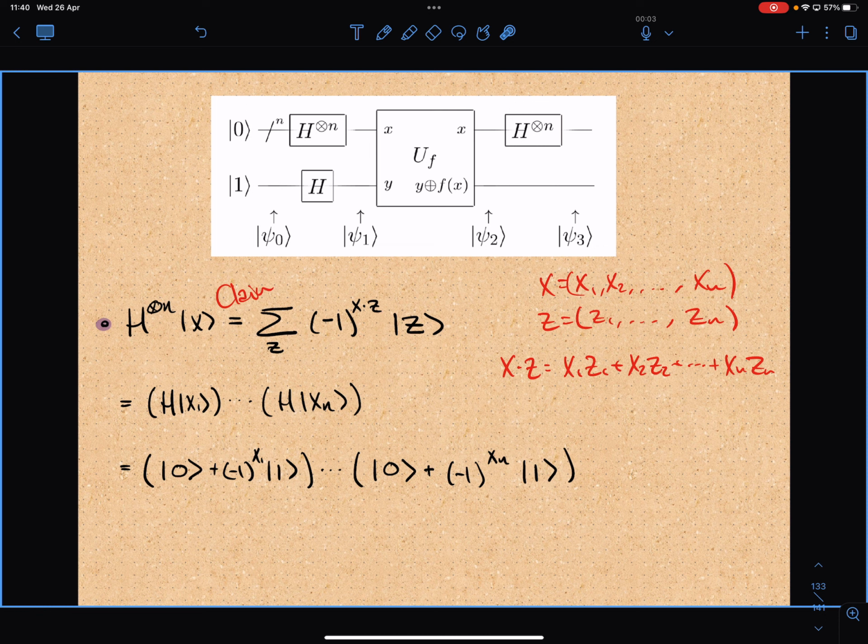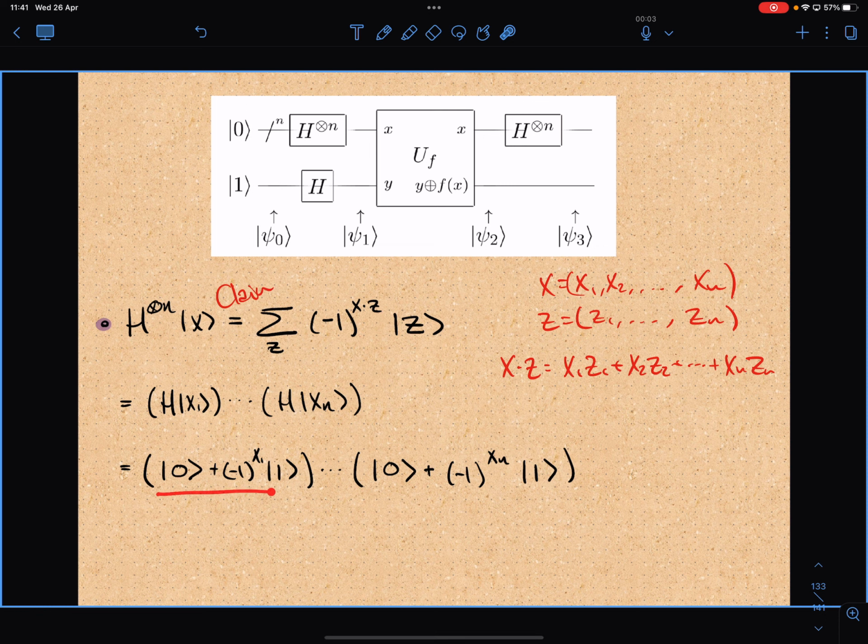So in here, you can actually see how the computation works. The action of the Hadamard gate, you apply component-wise, and depending on whether xi is 0 or 1, it introduces a phase. If x1 is equal to 1, then it's going to be a minus 1, and if x1 is equal to 0, it's going to be 1, so minus 1 to the 0.